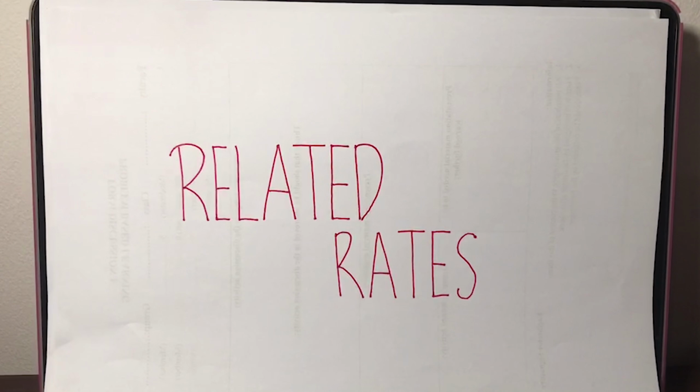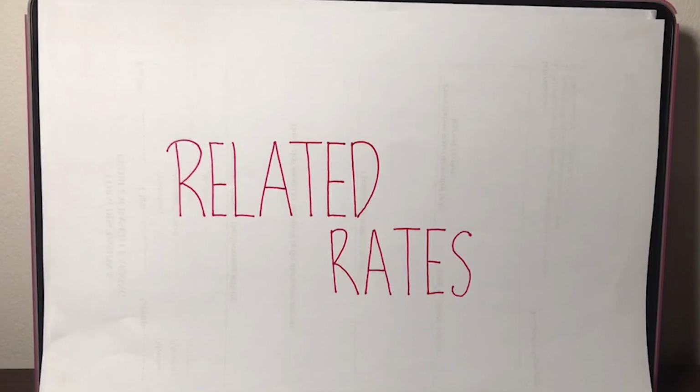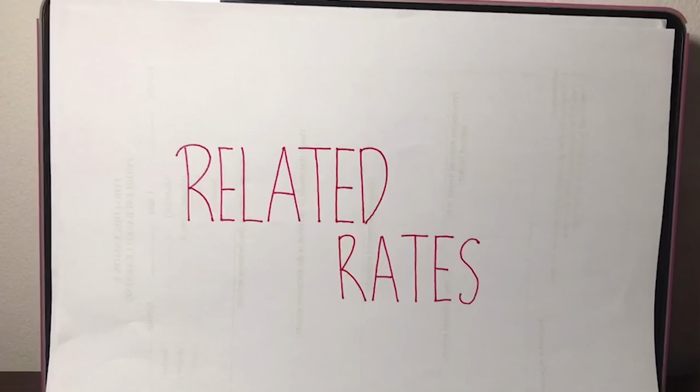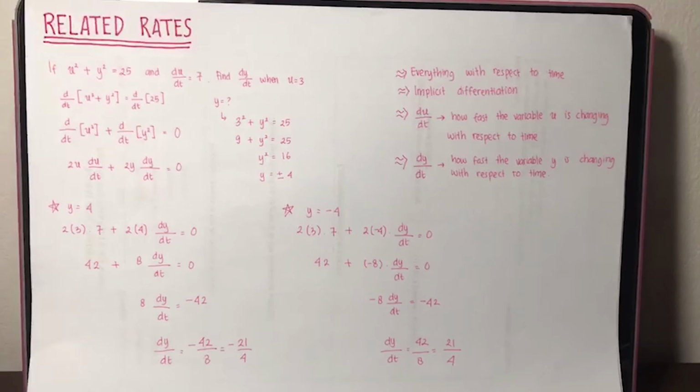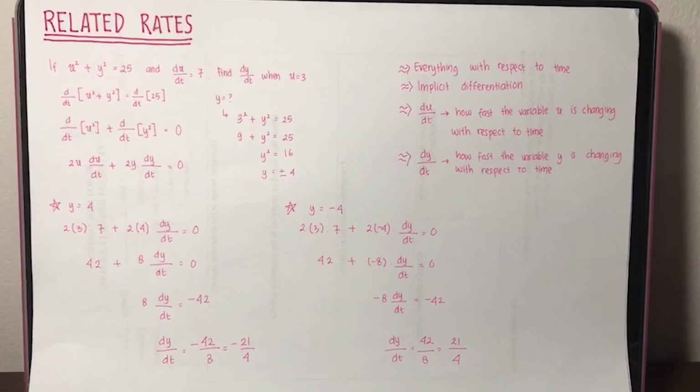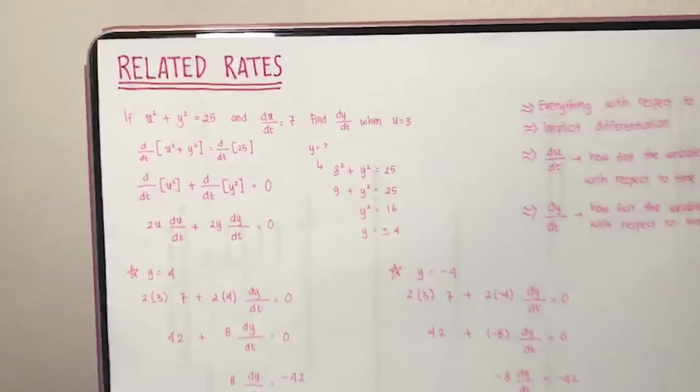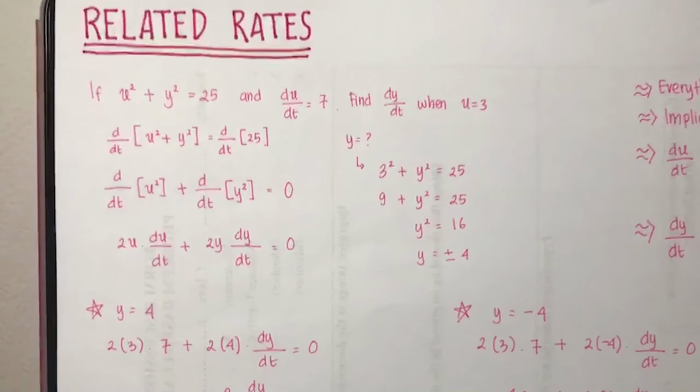Hi, my name is Dewi Ditianingsih, and I want to explain about related rates. So, a rate is basically how something changes with respect to time. This is one of the examples.